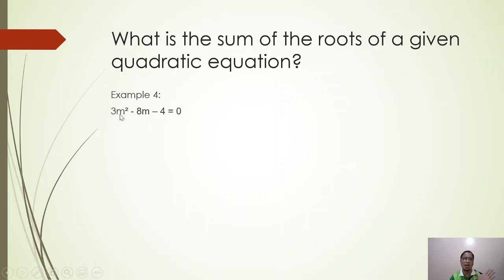So all the terms grouped with it, those on the side before the equal sign, you will no longer move to the other side. This is the quadratic term, 3m squared. This is the linear term, 8m. And this is the constant term, negative 4, equals 0. Just by looking, this is in standard form.